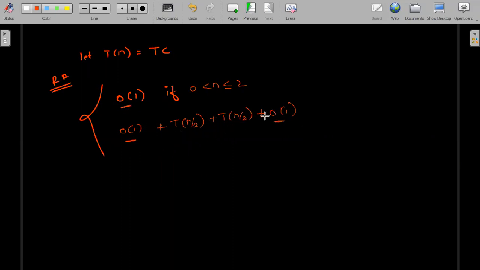Again, when you do all these things, if n value is greater than 2, okay, this is the condition, you are going to do this. Totally what we get: T(n) is equal to 2T(n/2) plus c, a constant. You can ask me what happened to this one, sir? Big O of 1 as well as big O of 1, both are constants here, so that's why I took c.